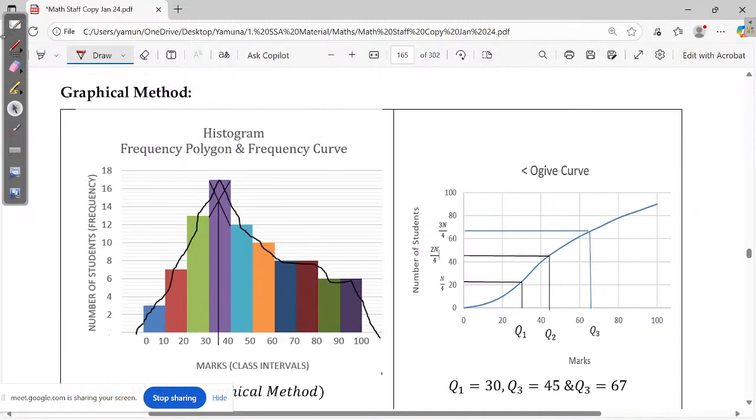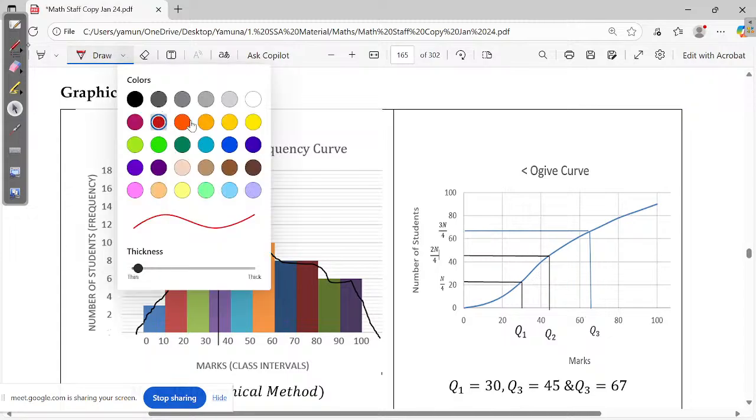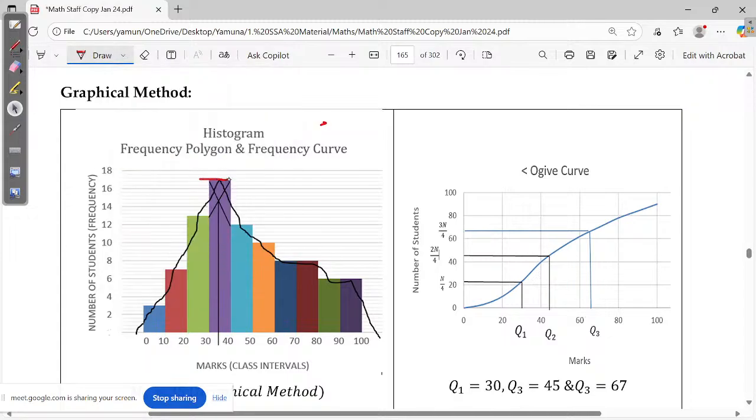Okay. See here. This is the topmost bar. From here, you have to touch the earlier bar's boundary. Then over here, this is 13, this is 12, this is 17.